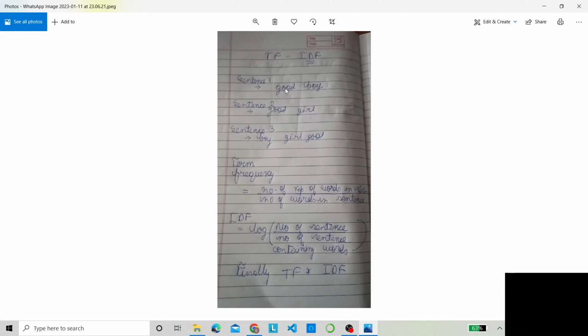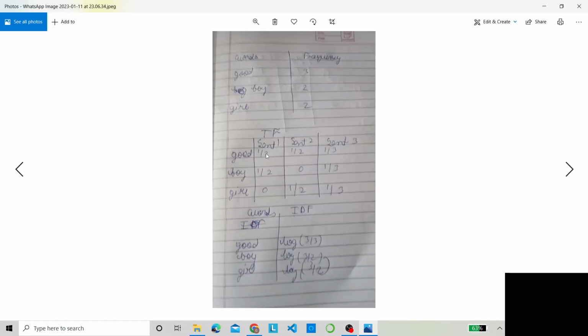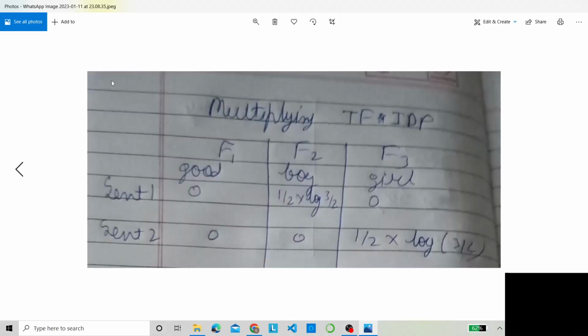Good is in three sentences, so that's why the IDF part is 1 by 3. Similarly, we calculated for boy and girl. IDF we calculated using the formula, and at last, after calculating these two values, we multiplied them and got the result.